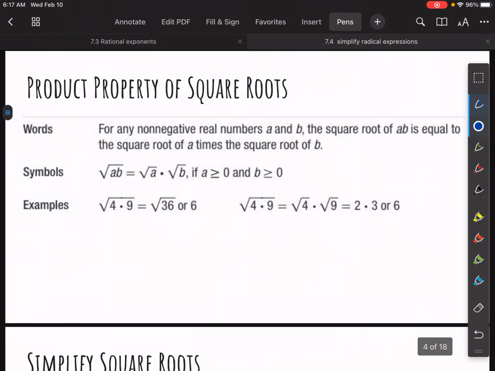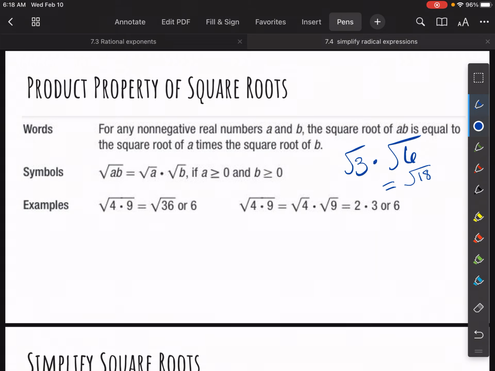The product property of square roots essentially says that if I have the square root of 3, and I'm also multiplying this by the square root of, let's just say, 6, I don't know, then the square root of 3 times the square root of 6 is the same thing as the square root of 18.